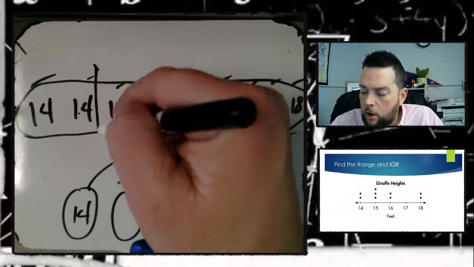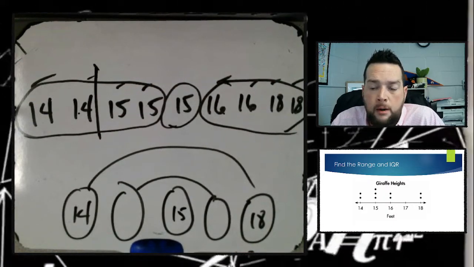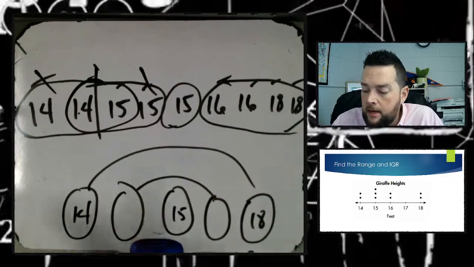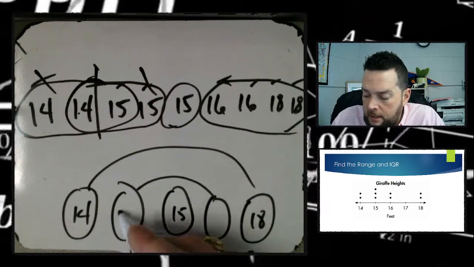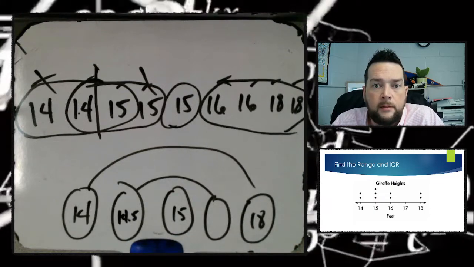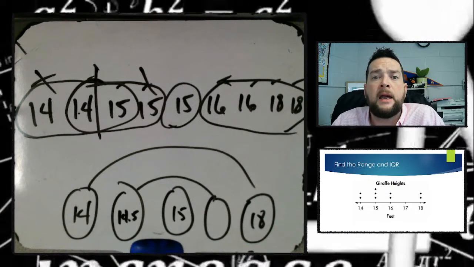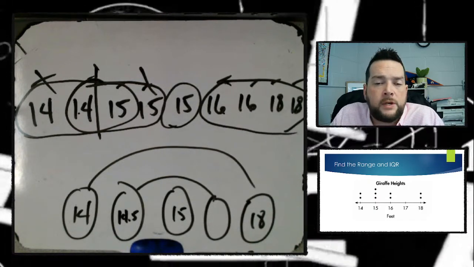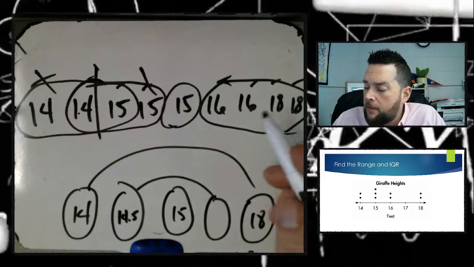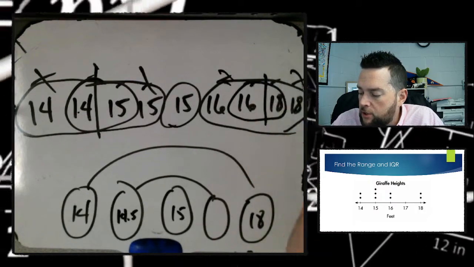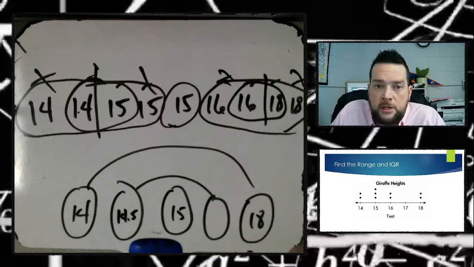The middle of the lower half is going to be in between those two numbers, because there are two numbers left in the middle. In between 14 and 15 is 14.5. Or if I added them together, 14 plus 15 would be 29, and then divide that by 2, you get 14.5. And the middle of the upper half is going to be in between those two numbers, because if I scratch off the first and last, I come down to two numbers in the middle.